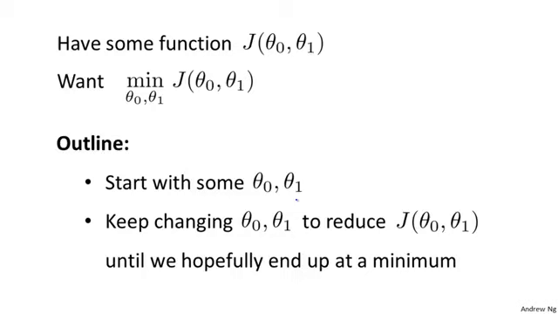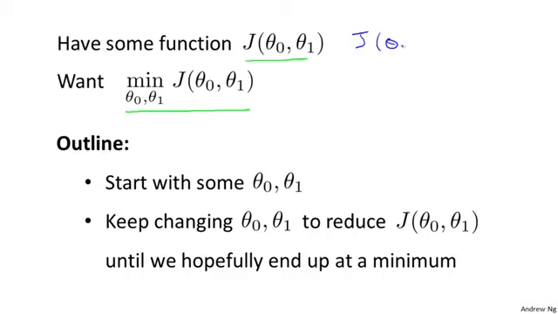So here's the problem setup. We're going to assume that we have some function J of theta 0, theta 1. Maybe it's a cost function from linear regression. Maybe it's some other function we want to minimize. And we want to come up with an algorithm for minimizing J of theta 0, theta 1. Just as an aside, it turns out that gradient descent actually applies to more general functions.